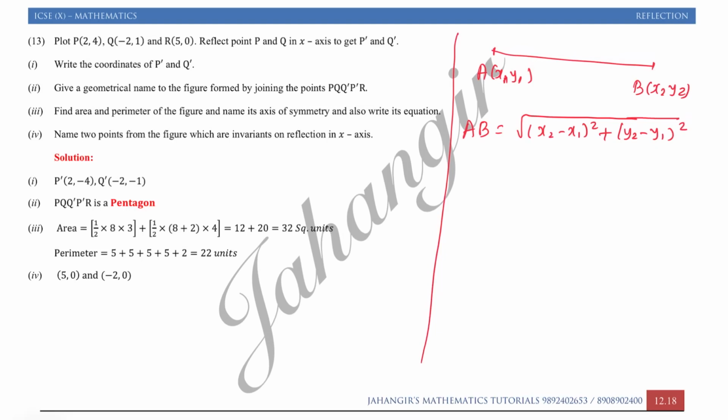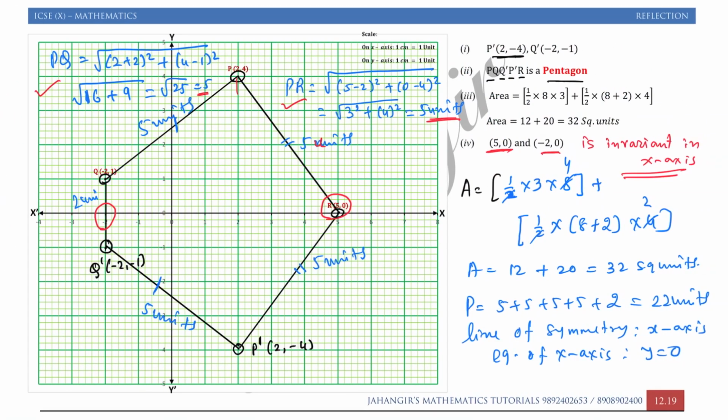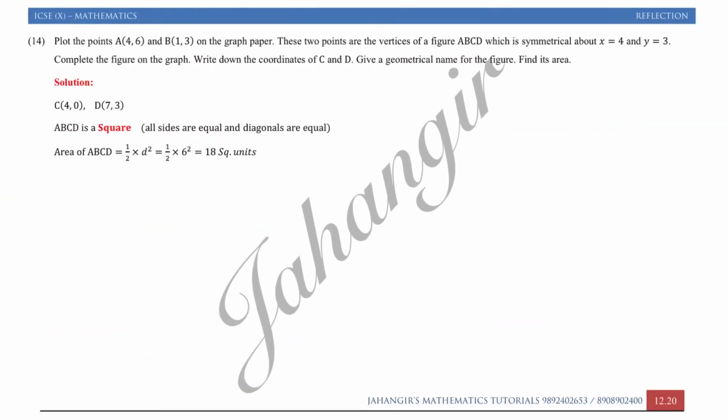This formula you have done in 9th standard, or you can even write AB is equal to the square root of, if you are starting from x1, x1 minus x2 whole square plus y1 minus y2 whole square. You can even take this. Just note down this distance formula in your notebook. Let's go to the next question.